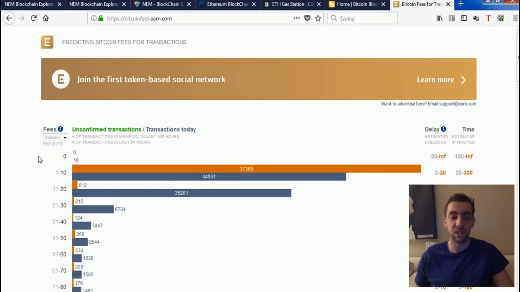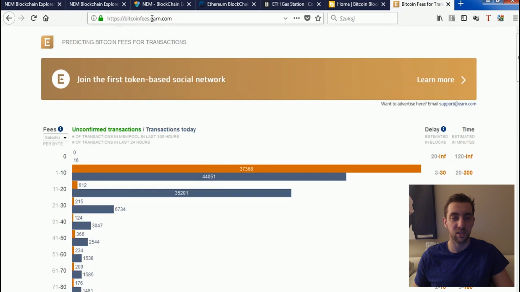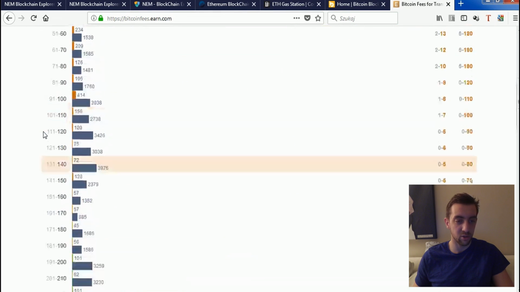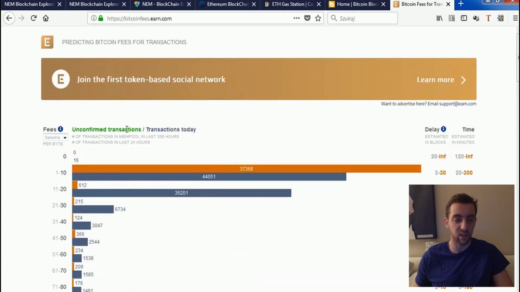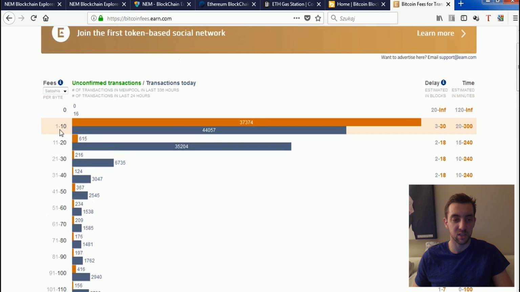Also, it's a similar situation on Bitcoin. This is the website called bitcoinfees.earn.com. And here we can see the chart of unconfirmed transactions and transactions that were confirmed. This fee is Satoshi per byte of the transaction.